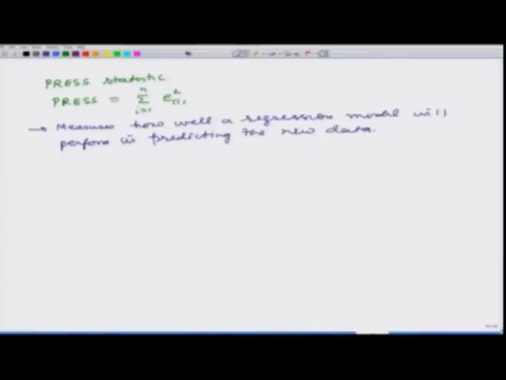And in this case, a model with a small value of PRESS is desired. Okay. Now, based on this PRESS statistic, we try to define a goodness of fit for the prediction, and we define here R square for prediction.